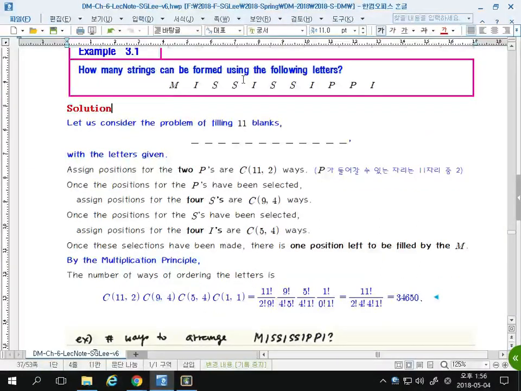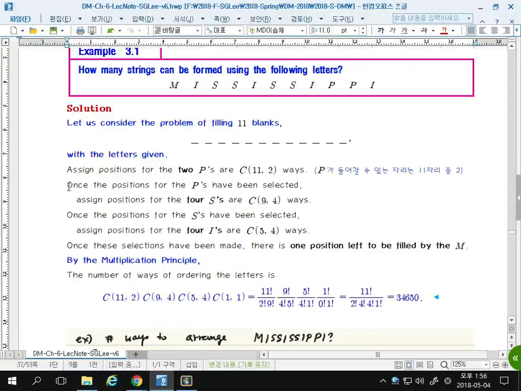Assign positions for the two P's: we just choose 2 out of 11. So there are that many ways to fill up 2 positions with P's.